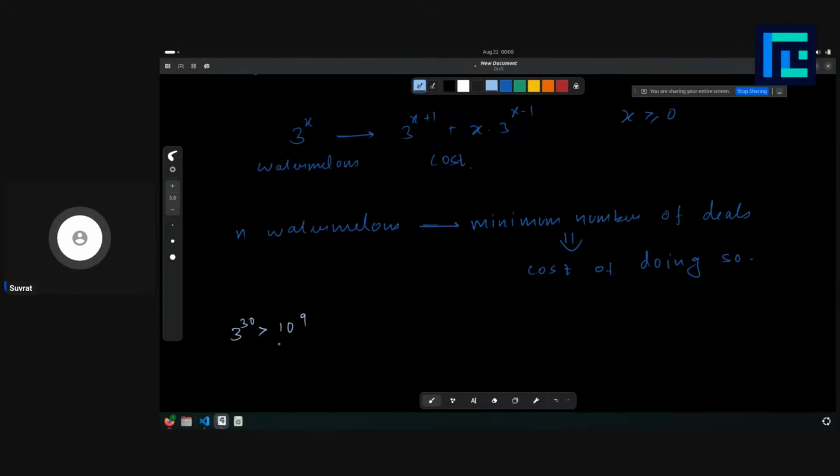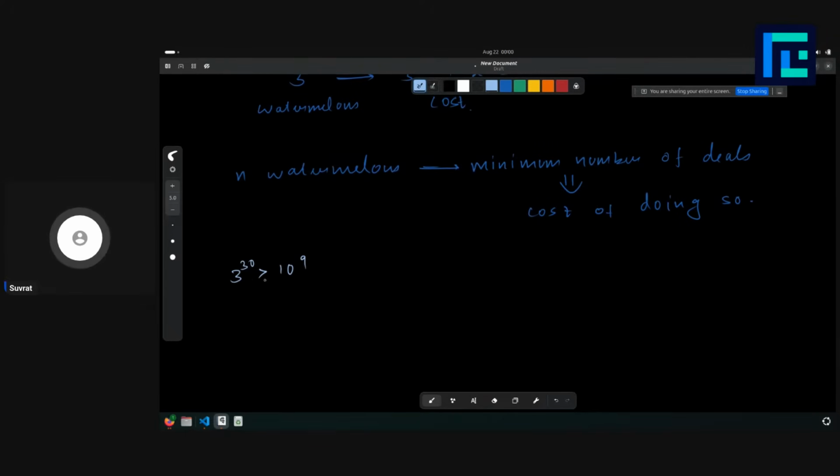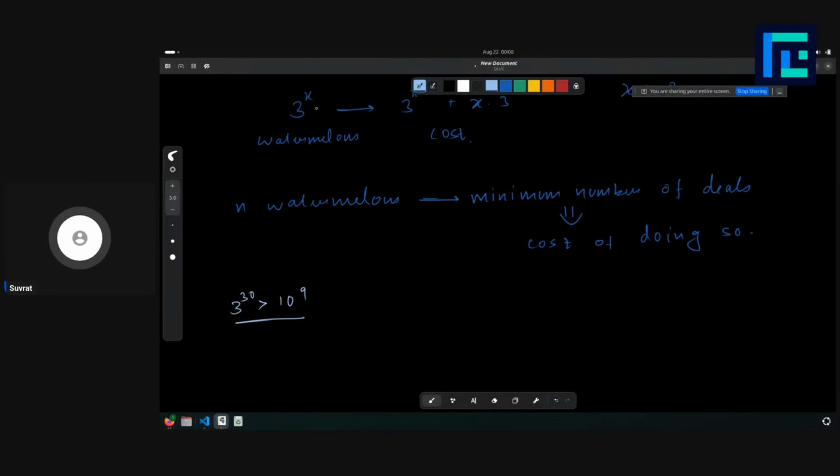So basically, for x greater than 30, there won't be any deals. We'll only do deals till x less than or equal to 30, because deals with x greater than 30 won't make any sense, because we only need to buy a maximum of 10 to the power 9 watermelons.